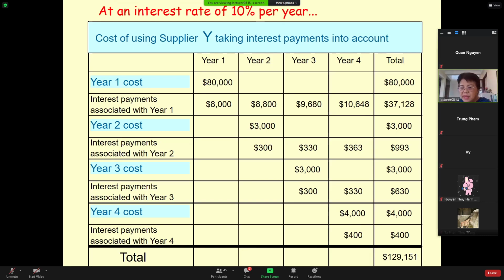You have to think about the total cost that you spend at the end. Any questions so far for this?